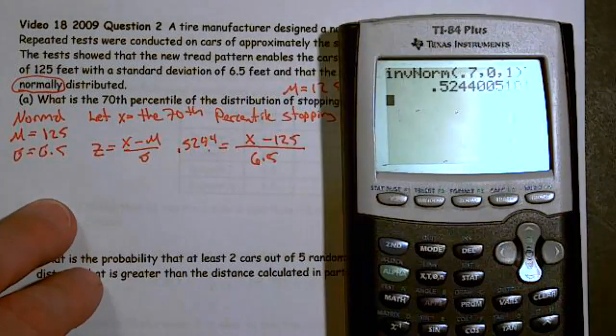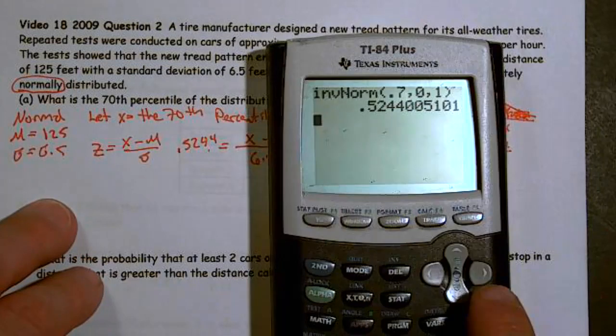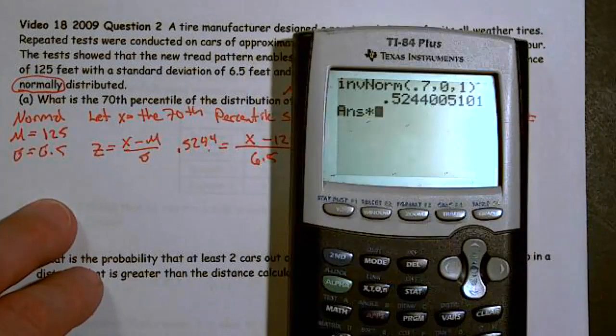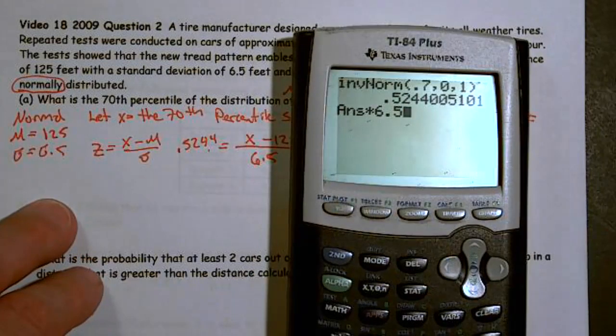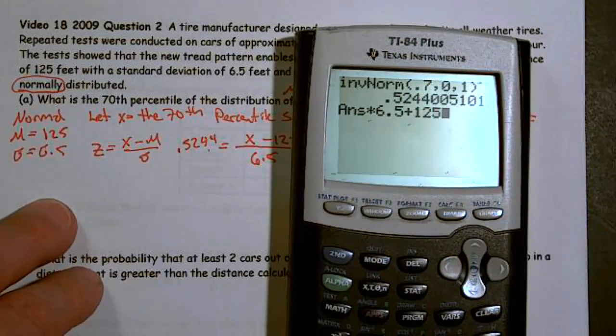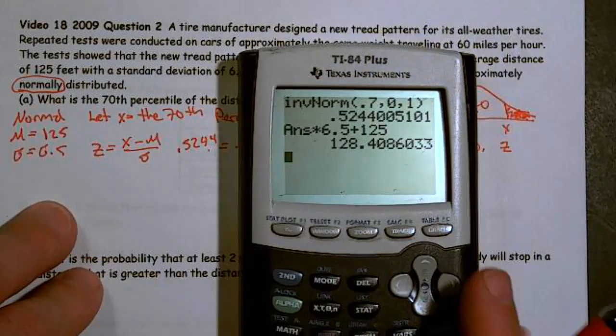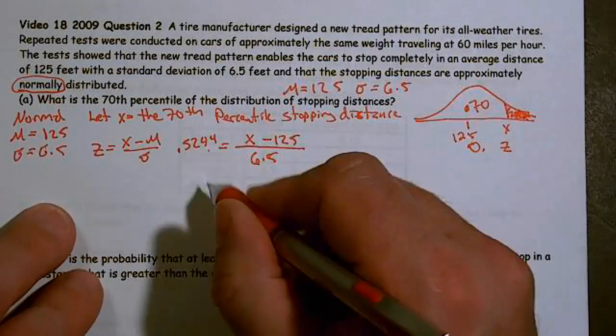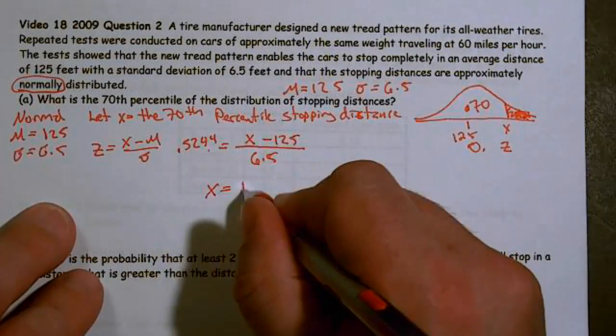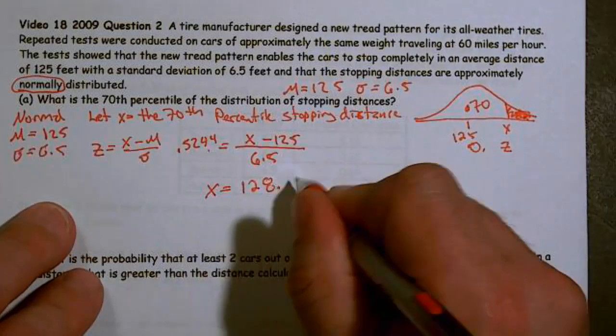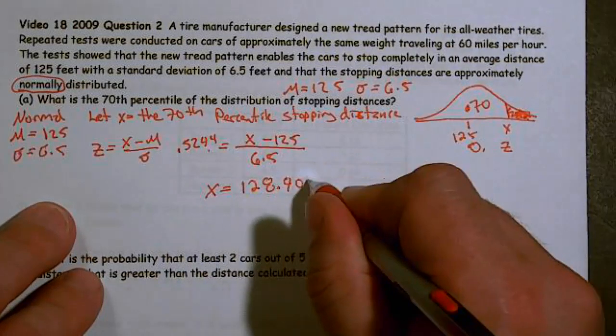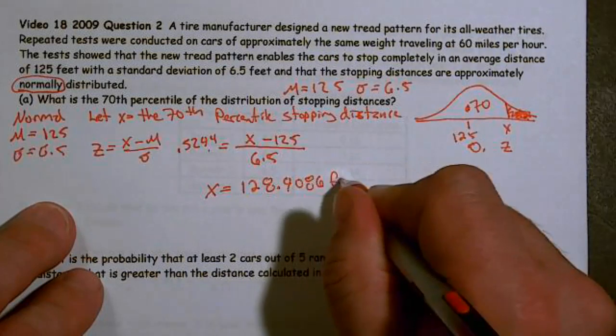I multiply by 6.5 and then add 125, and I end up getting about 128.408. So X equals 128.4086 feet.